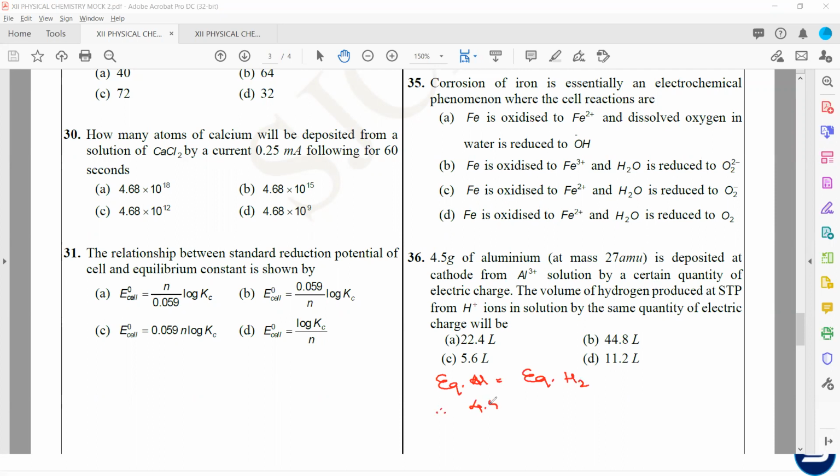So this will be 4.5 grams of aluminium divided by 9, and the volume of hydrogen upon its equivalent volume. How much is that? 11.2. Only in case of oxygen, the equivalent volume is 5.6 because the n factor over there is equal to 4, right? Answer will be 5.6 in this case.